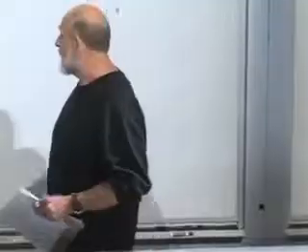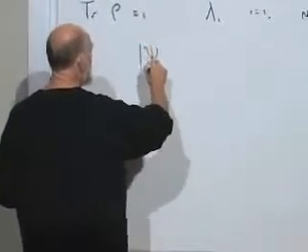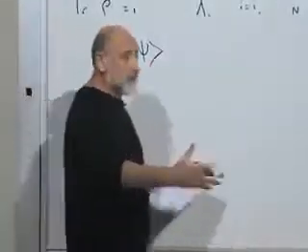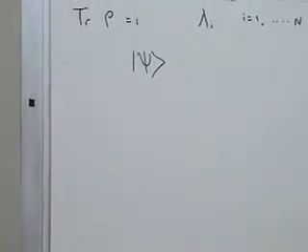The limit of maximal knowledge is a pure state. That means that you know what state the system has been created in. In that case, we can say the system is described by some pure state. I won't tell you which one, but we assume we know which one. Some pure state psi.